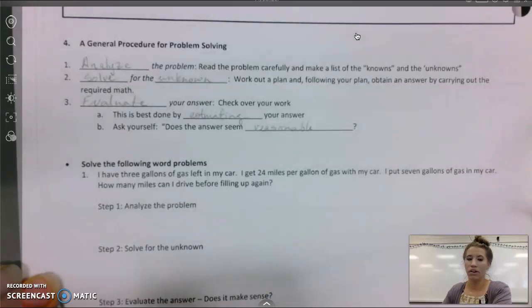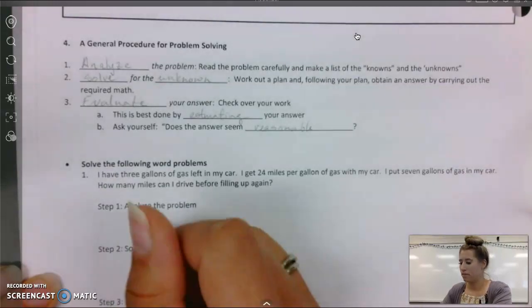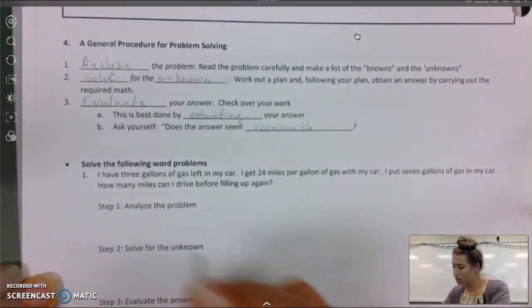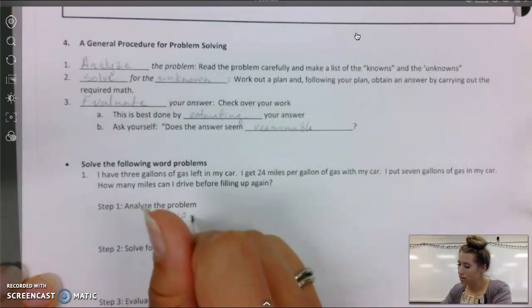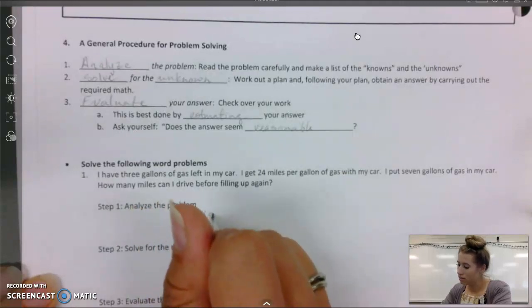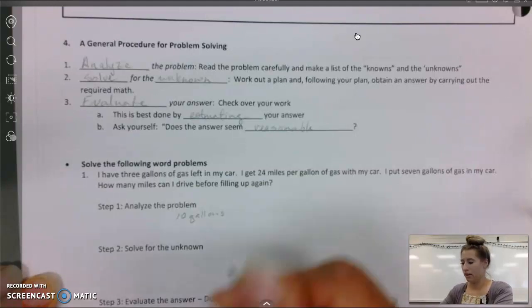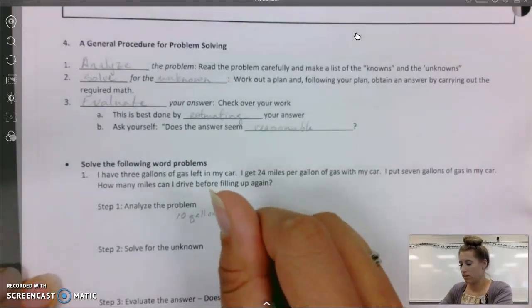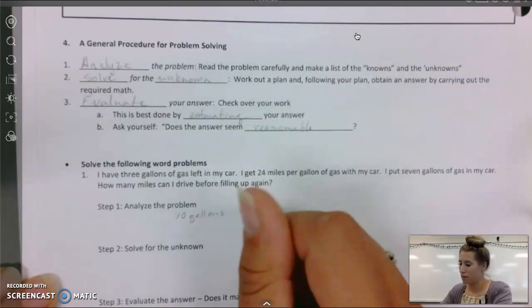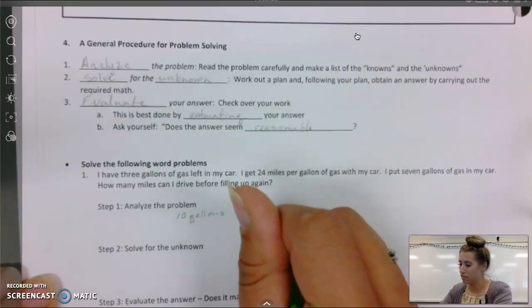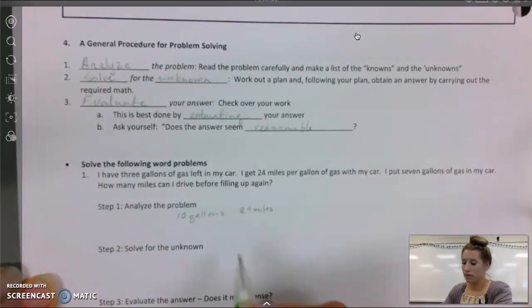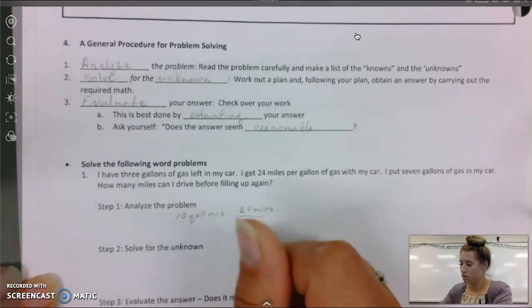So we know that our initial amount of gas is going to be 10 gallons. Okay. And we're also given this equality in a way that for this vehicle, 24 miles will be covered using 1 gallon of gas.